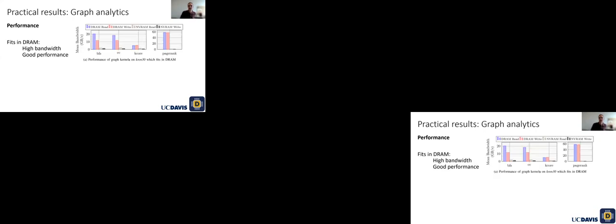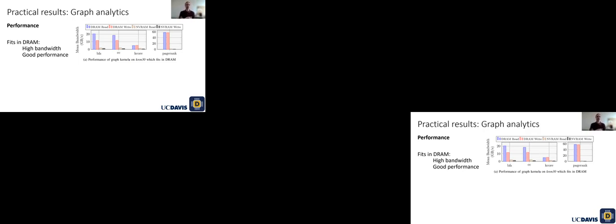So for graph analytics, let's first start with something that fits within the amount of DRAM we have. Here we're looking at performance in terms of the bandwidth we're able to see at the memory controller, which is somewhat of a proxy for performance, not exactly a proxy for performance, but it tells us something.